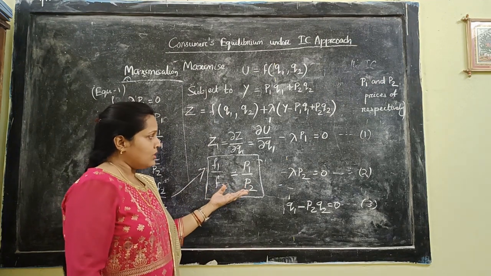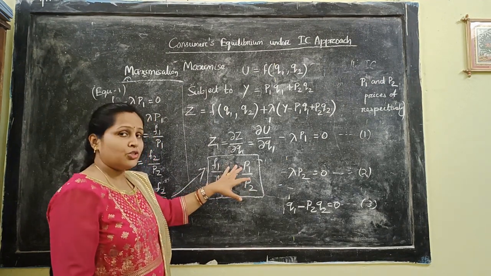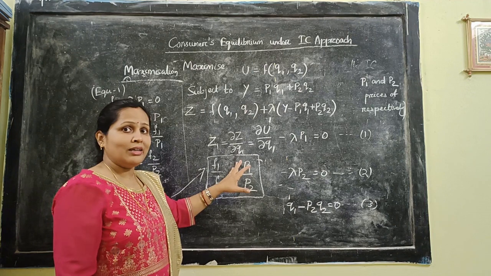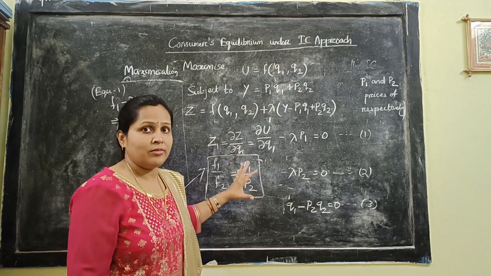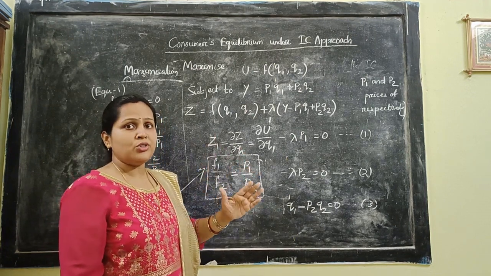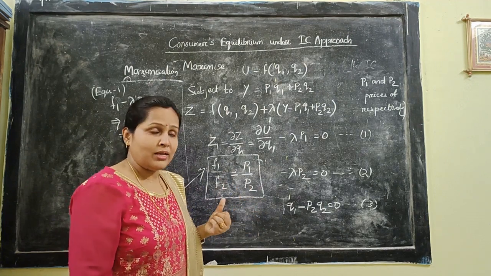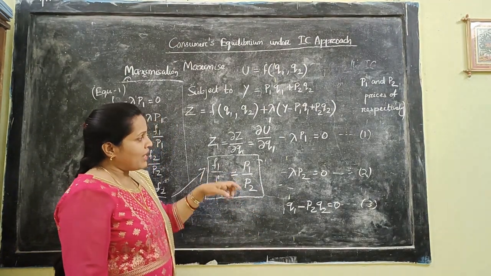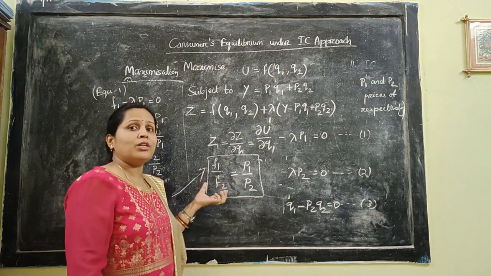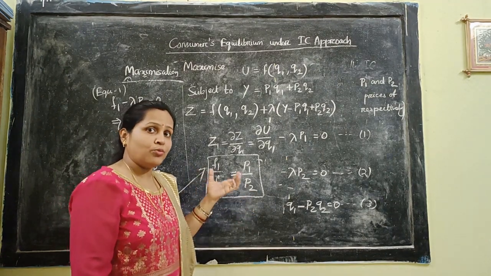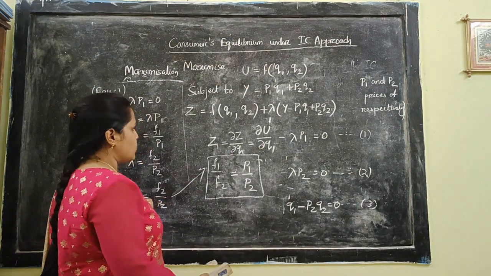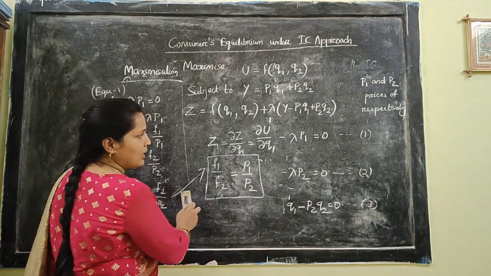So what does this imply? This is the condition where you can get the stationary points, the combinations of the commodities where the consumer can maximize. Whether this point is a maximum or not, we can verify only from the second order condition.